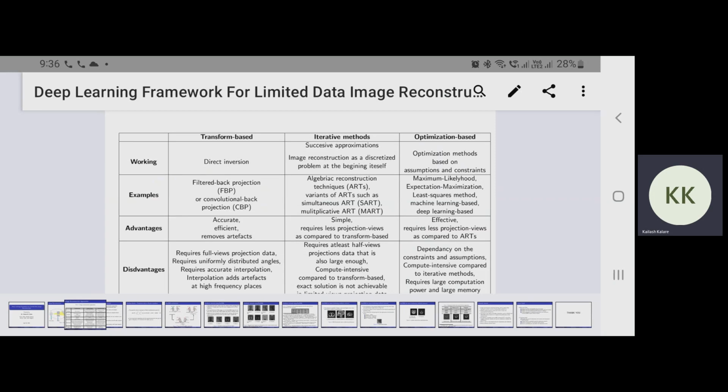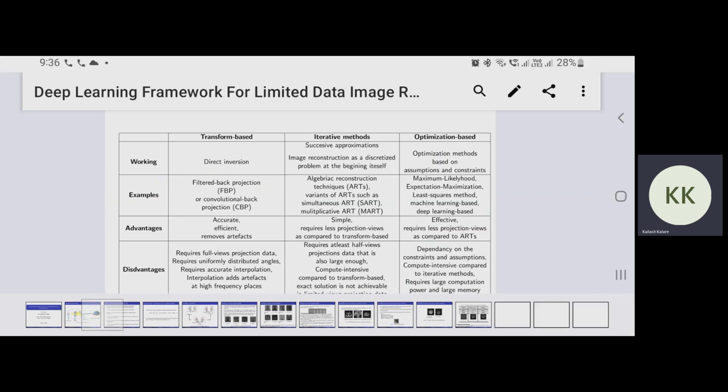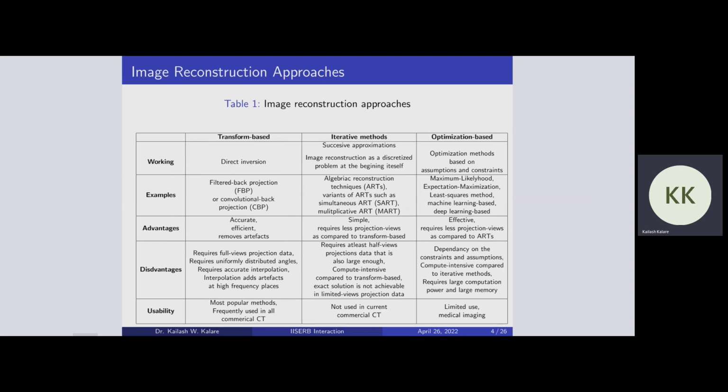These transform based methods also require accurate interpolation, and they are used popularly in commercial CT. There is another type of method for image reconstruction called the iterative methods, also referred to as the successive approximation methods.